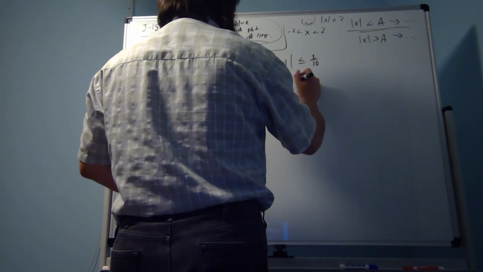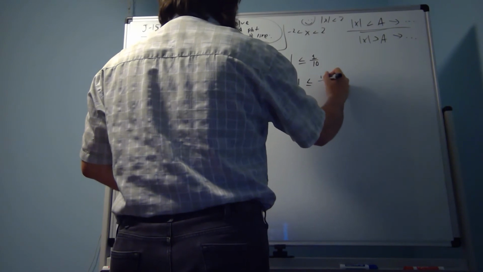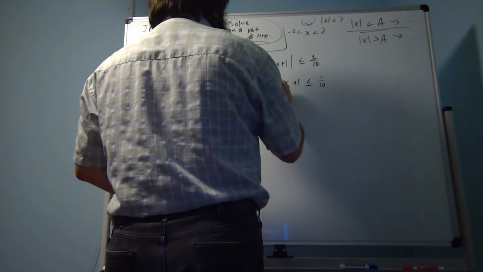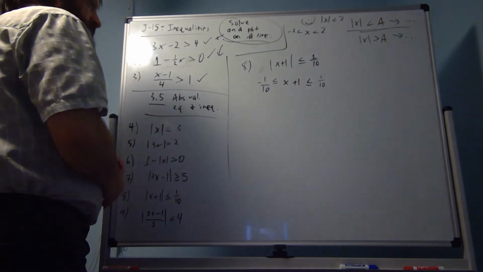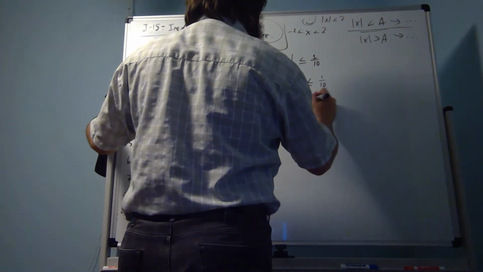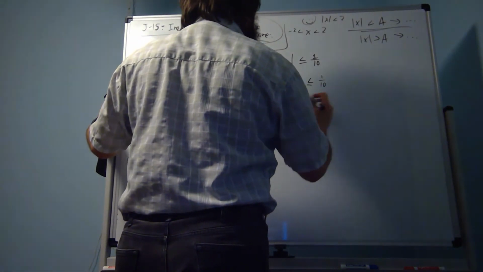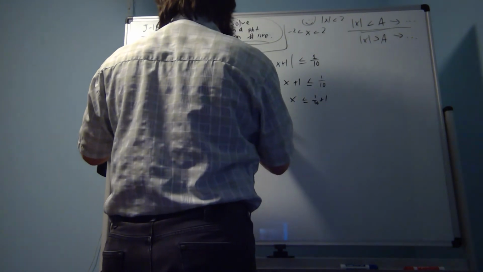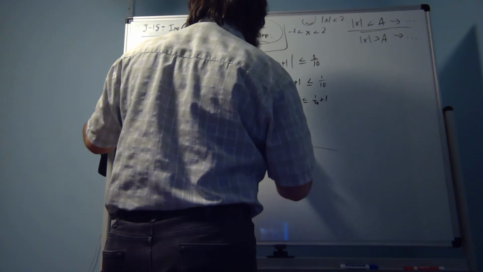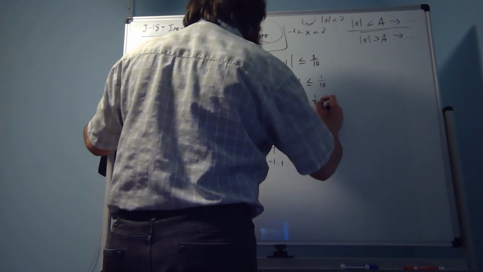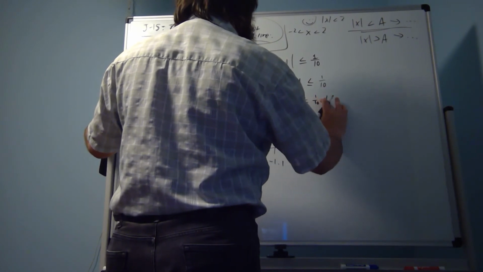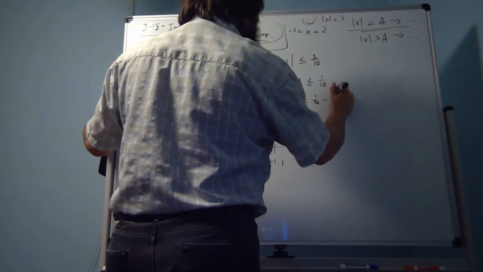Less than is the one that's nice. That means it's less than that, but it's greater than the negative. So here, I guess that's negative 1.1, and here's positive. I'm subtracting 1 from each side.